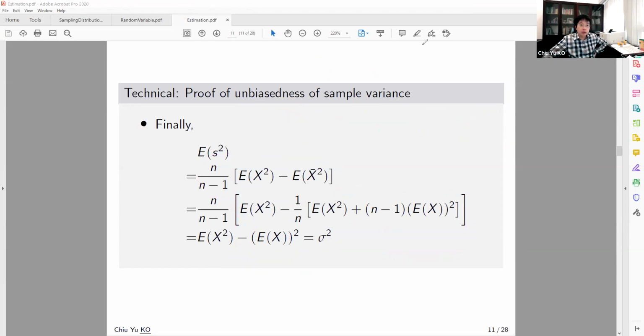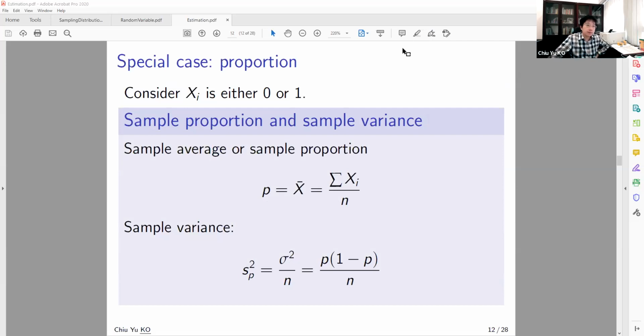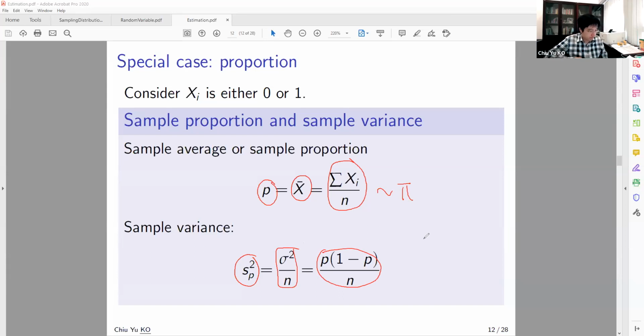If okay, then we talk about proportion quickly. The sample proportion, the sum of all, will be a good estimator for the population proportion pi, and the sample variance will be a good approximation of the population variance.